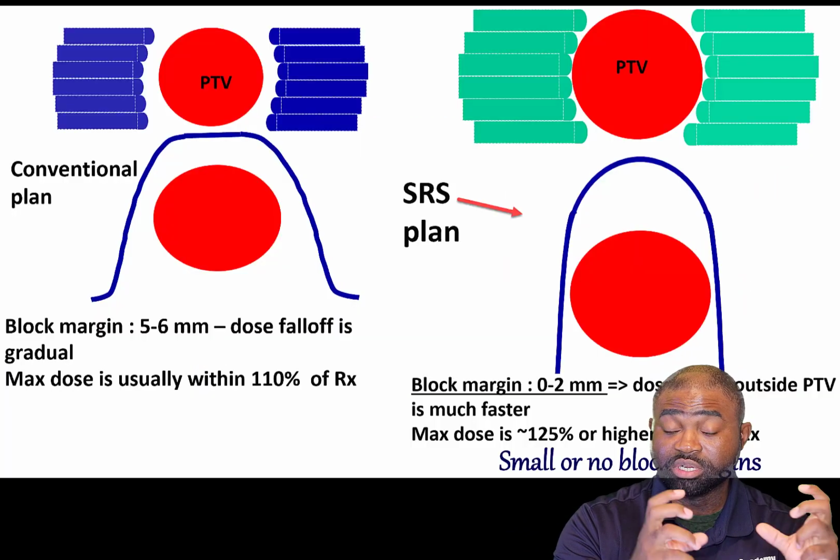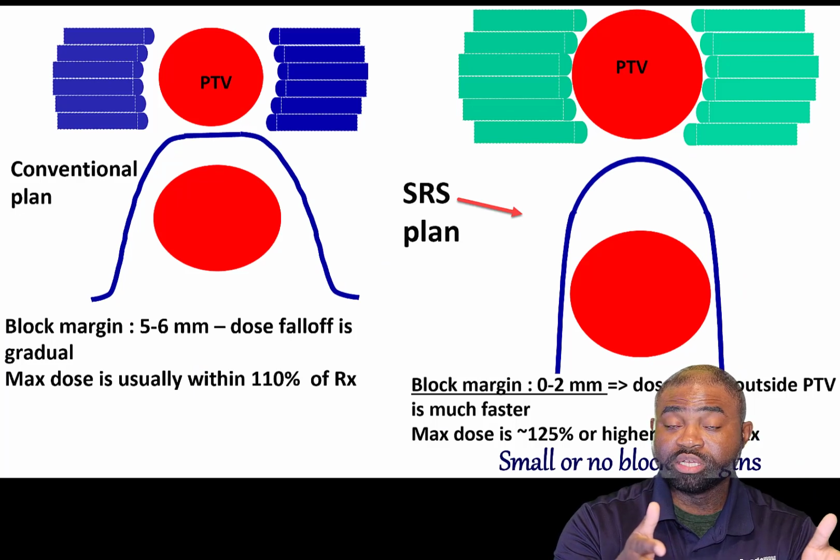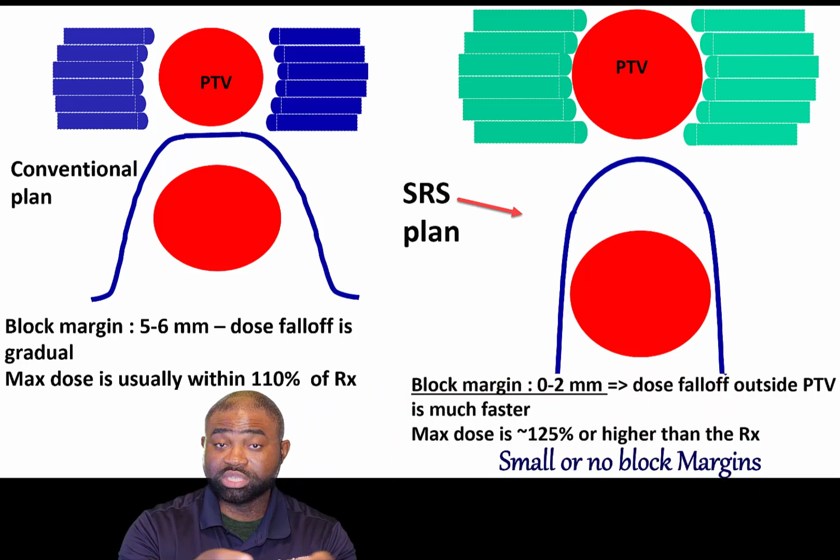conventional cases. The basic premise for conventional radiation therapy is that a uniform dose is delivered to the target, and at the same time we spare the surrounding organs at risk.